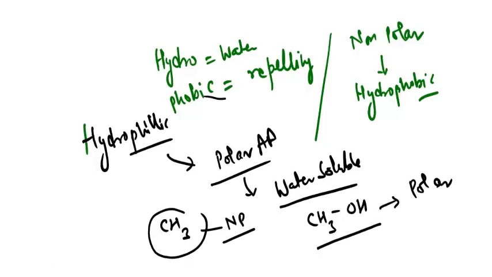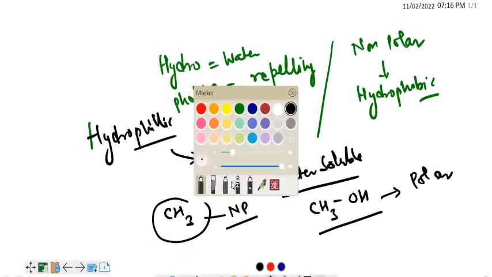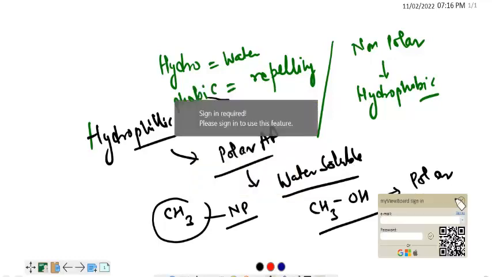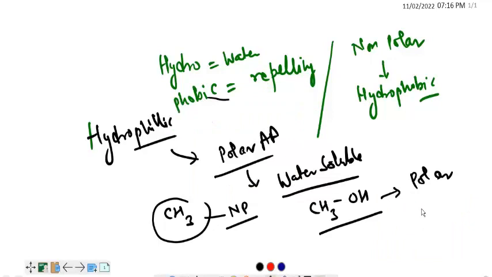If they are polar, they will dissolve in water. And if they are non-polar, only a little modification is needed. Addition of a hydroxyl group, carboxyl group, or any charged group will make it polar.